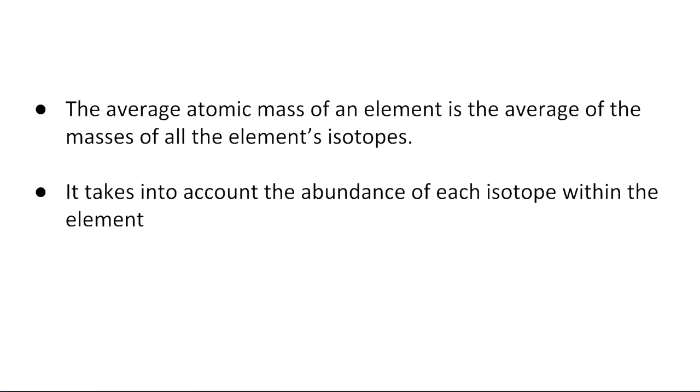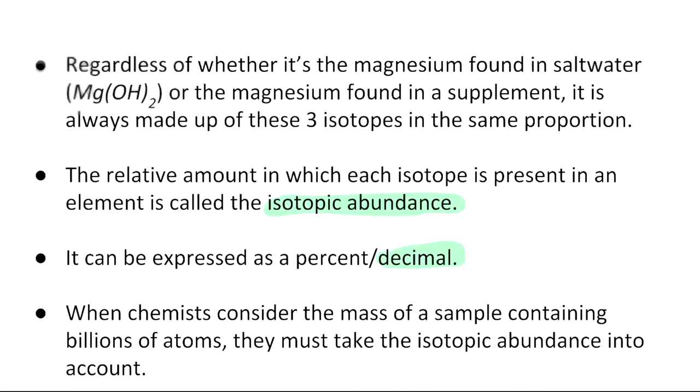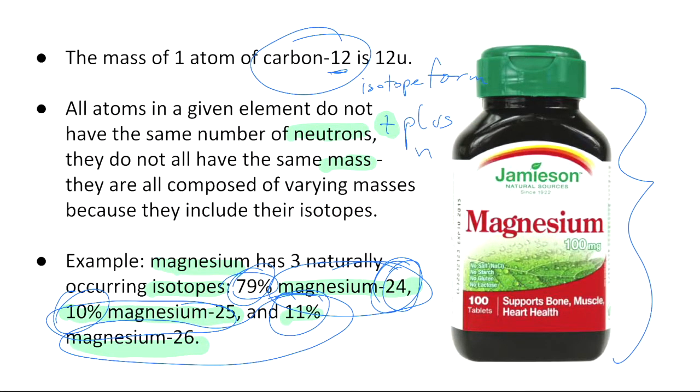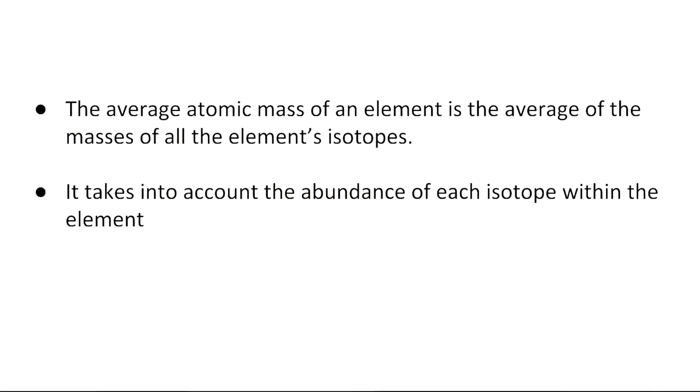The average atomic mass of an element is the average of the masses of all the element's isotopes. The average atomic mass that you see on the periodic table for magnesium is based on these percentages of isotopes naturally occurring in nature.